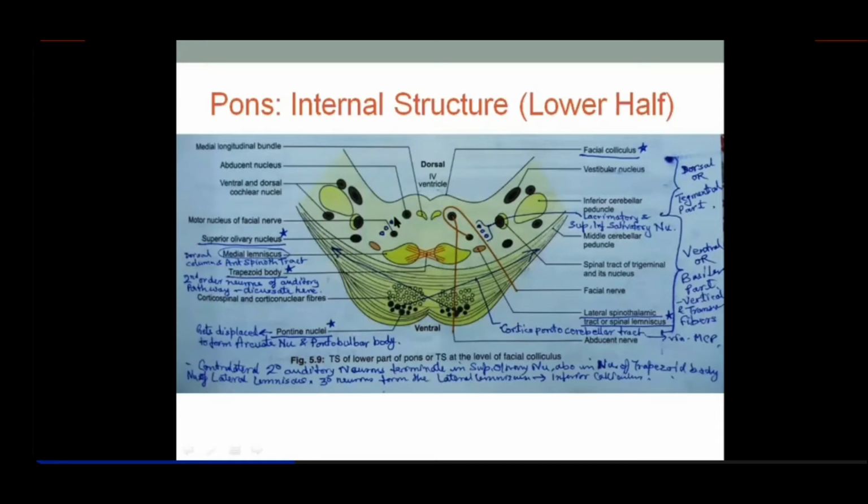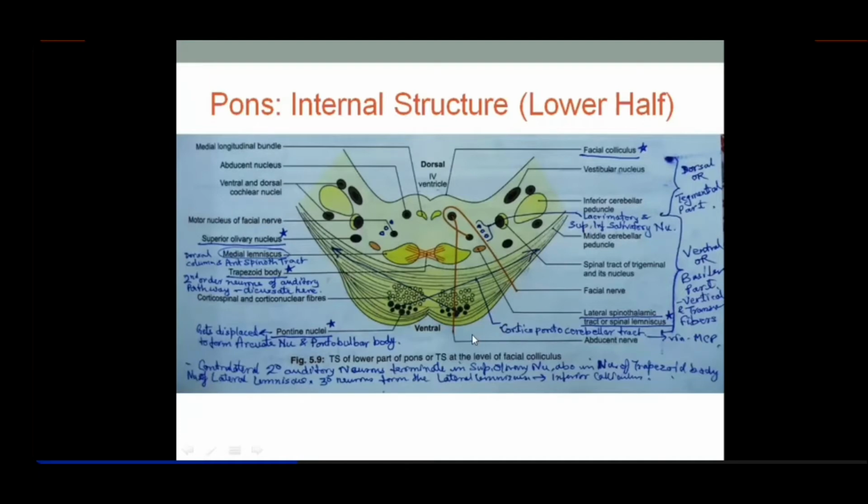So actually this is an L-shaped tract, and this is called the cortico-pontocerebellar tract. Cortico-ponto is a vertical tract, and pontocerebellar is a transverse or horizontal tract, but it crosses to the opposite side.